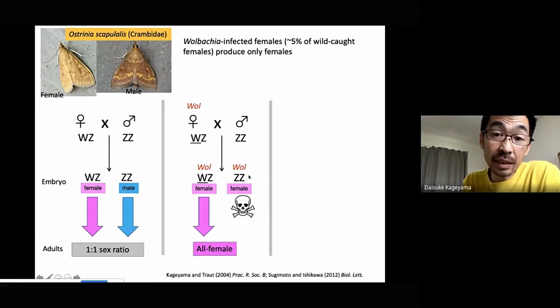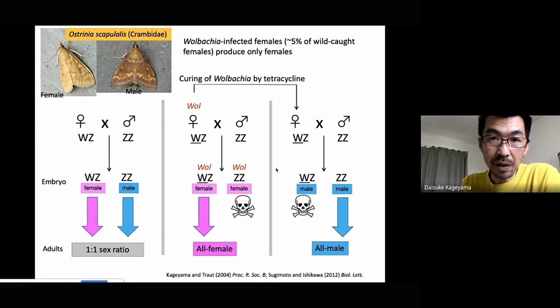Interestingly, Wolbachia determines the sex at the very early stages of development, and by examining the sex-specific sex determining gene, we can see that they are female determined, but they die.